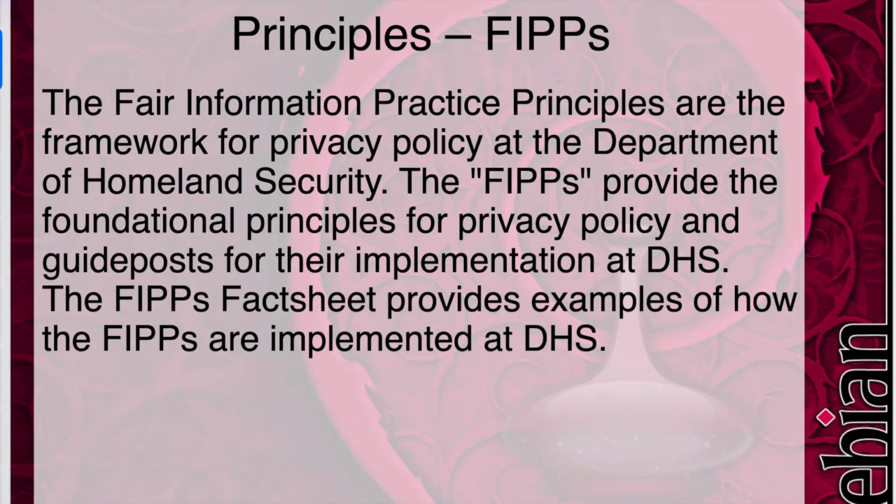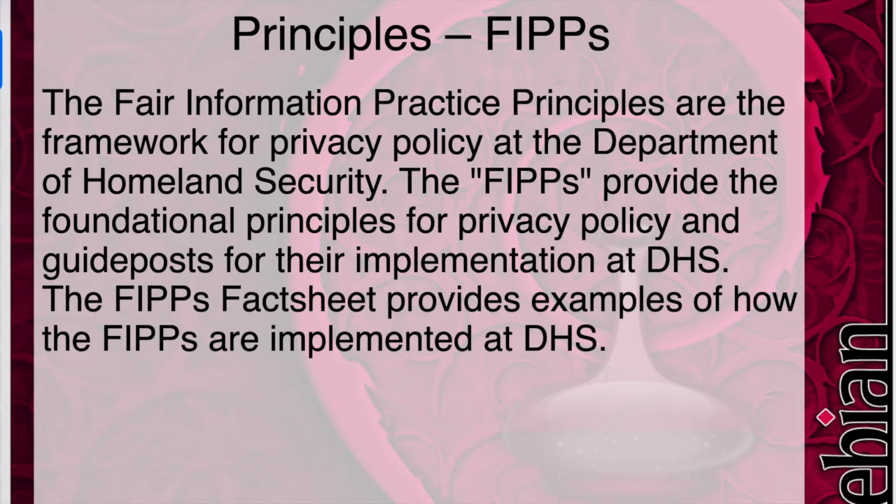The Fair Information Practice Principles, FIPPs, are the framework of privacy policy at the Department of Homeland Security. The FIPPs provide the foundational principles of privacy policy and guideposts for their implementation at the Department of Homeland Security.